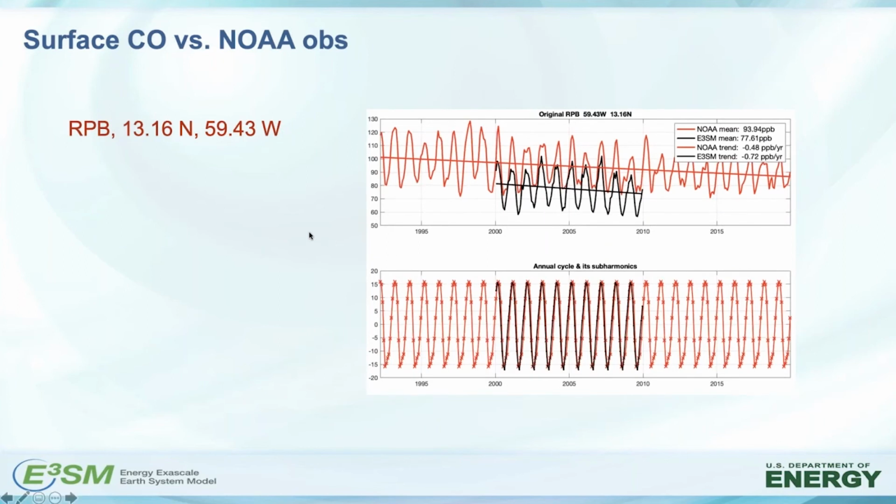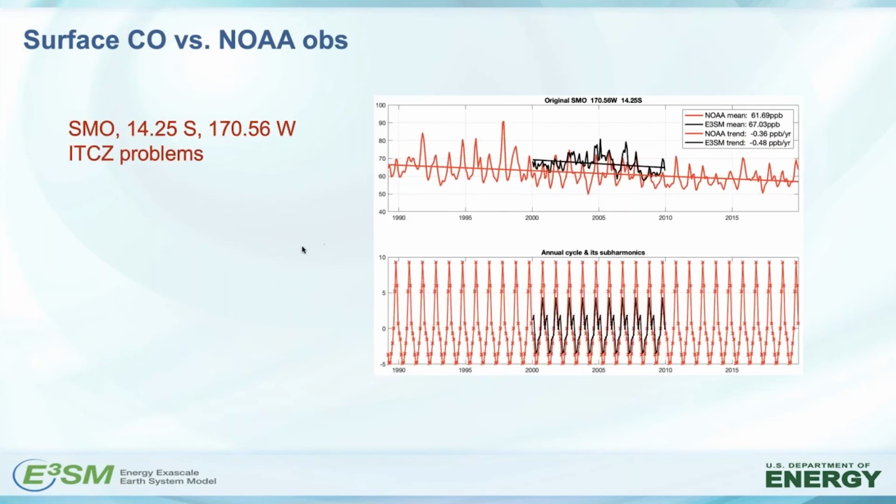So at this site in the tropics, we also have low bias, but the decreasing trend is greater than the observation, but the annual cycle is almost perfectly matched.